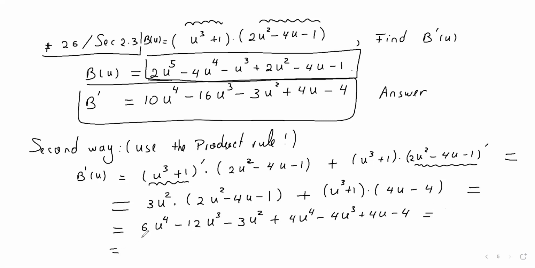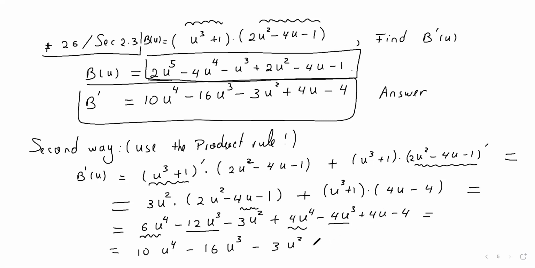We're just going to collect the like powers of u. 6 plus 4 is going to be 10u to the 4. We have negative 12 minus 4, which is negative 16u cubed. All right, then we have u squared, which is just minus 3u squared.